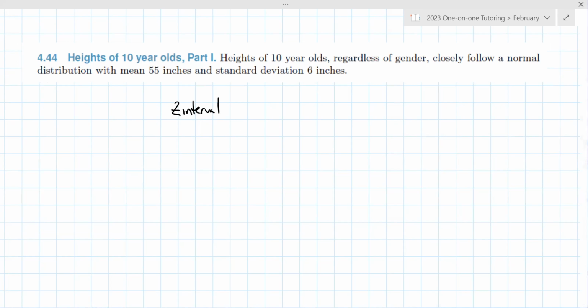Once you give it the stats, let me hit enter on that. It wants to know sigma, X bar, N, and the C value. So if you're not sure what I'm talking about, it's stat, tests, 7.